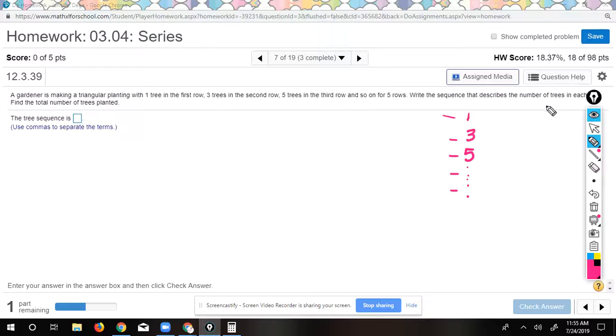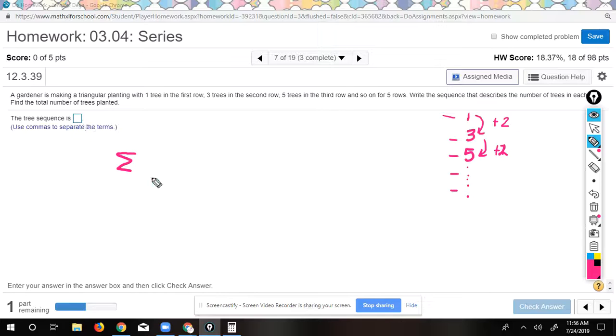So this tree sequence, okay, it looks like it's going to be an arithmetic sequence because it's not going up super big. And it looks like every time we're adding 2. So for this sequence, we're going to start with our sigma notation.